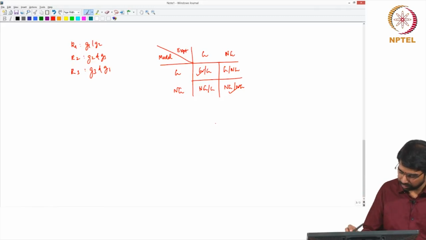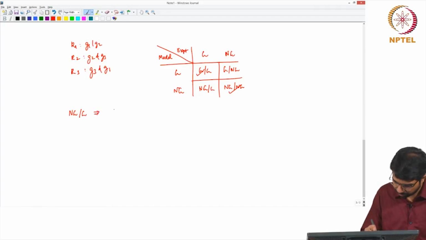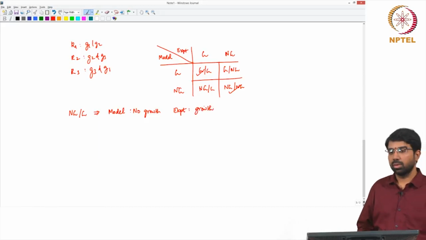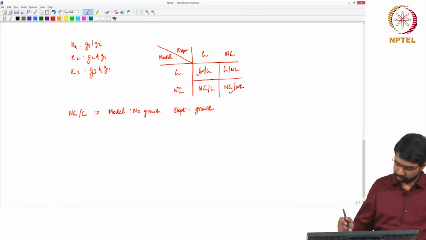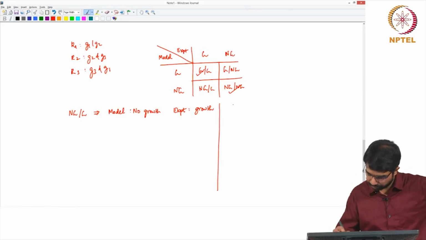So, let us first consider the scenario where the model says no growth, but in the experiment there is growth. What could be the reasons underlying this? And let us have the other case in parallel as well.